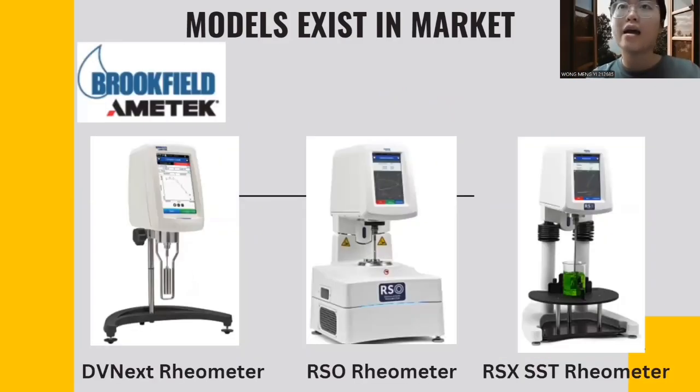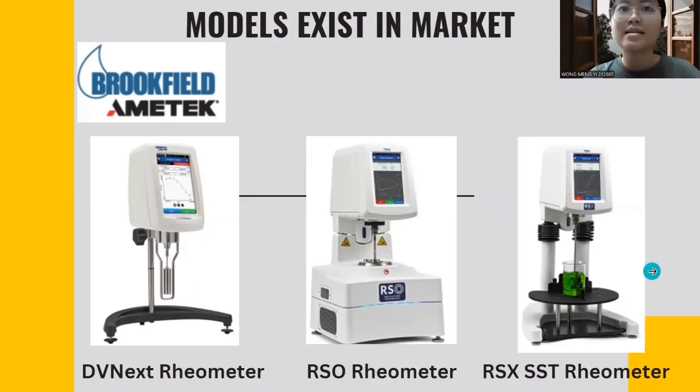And next is Brookfield, which has been the world leader in viscosity measurement instruments for over 85 years. The first DV-Next rheometers and RST rheometers were launched in 2019 and the RSX series was launched in 2021.